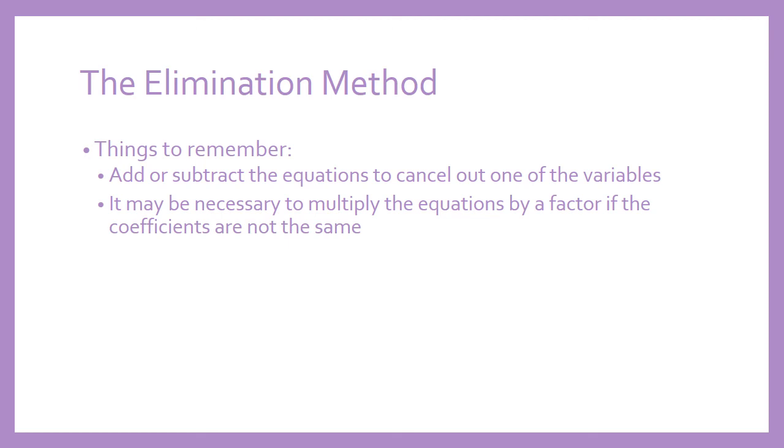It may also be necessary to multiply one of the equations by a factor if the coefficients are not the same, like that previous example where we had to multiply the first equation by 2. In some instances it may be more than 2, but the process will be the same. And sometimes you may have to multiply both equations by a number to use the elimination method. So just remember those two things.